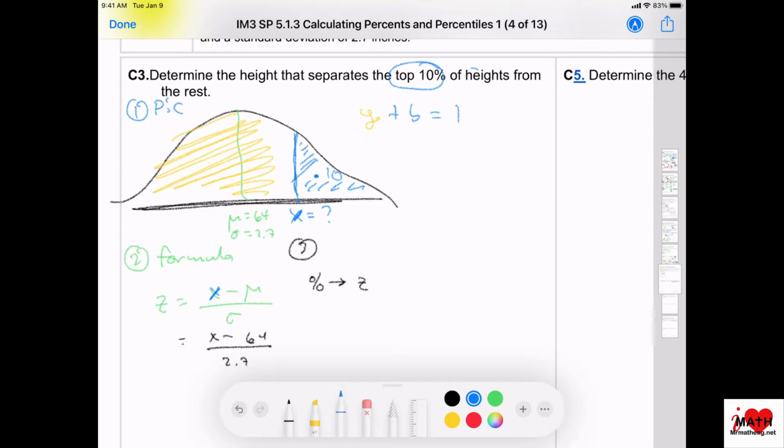If blue is equal to 0.10, if you subtract 10 cents from $1, you'll get the yellow to be 0.90. Why is this important? Because you're not looking up 0.10. You're looking for 0.90. Let's look for that in our chart.